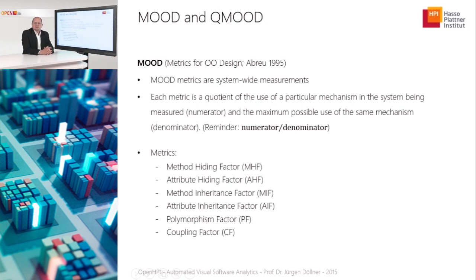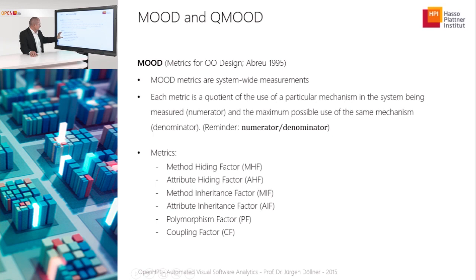Each metric in this system is a quotient of the use of a particular mechanism in the system being measured. This will be the numerator, and the maximum possible use of the same mechanism is used as a denominator. The metrics of this set include the method hiding factor, attribute hiding factor, method inheritance factor, attribute inheritance factor, a polymorphism factor, and a coupling factor.